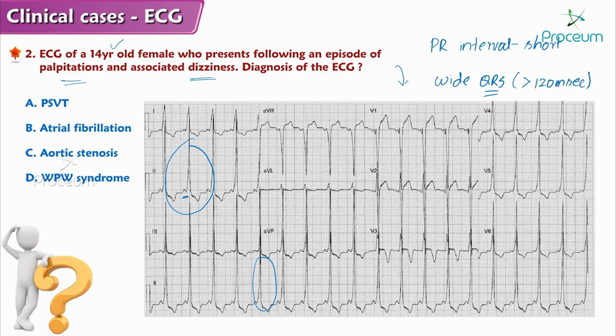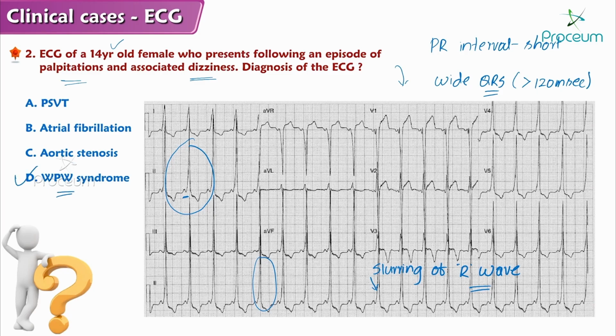And apart from that, there is slurring of the R wave. So these three changes, short PR interval, wide QRS complex, slurring of R wave, all these together, where do you have that? You will have that in patients with WPW syndrome.